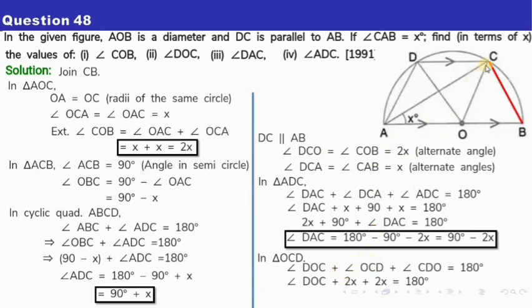And next CDO will again be 2x. So 2x plus 2x will be 4x. This 4x goes over there, becoming 180 degrees minus 4x. So that's why my DOC will be equal to 4x out here. All right, you may pause the video to note this down.